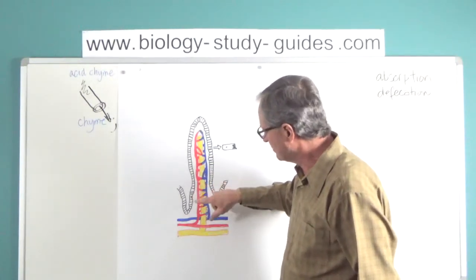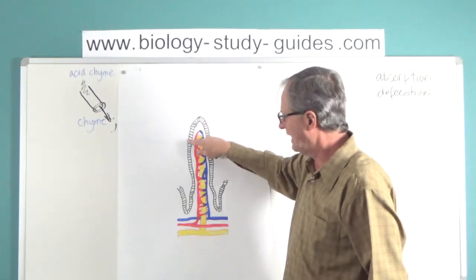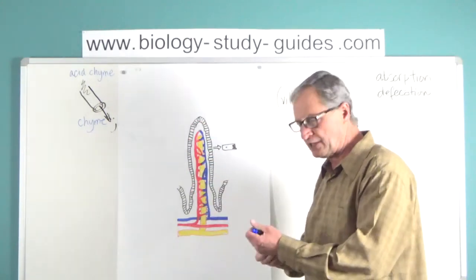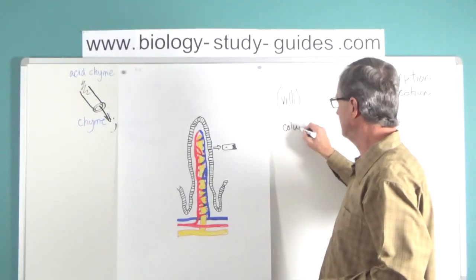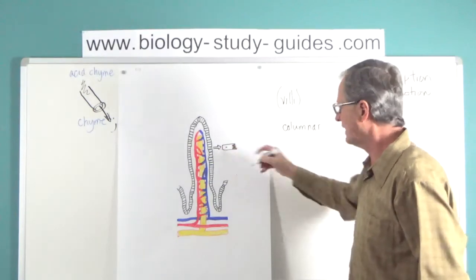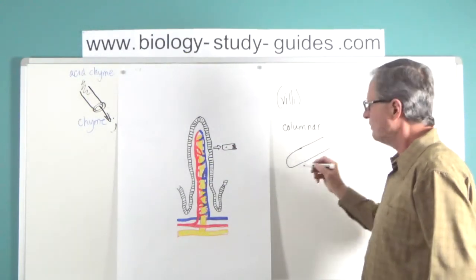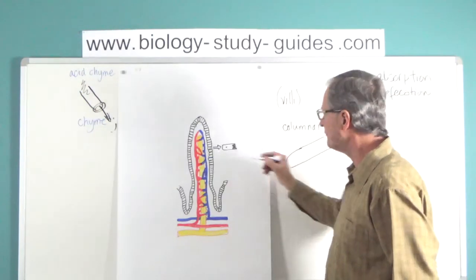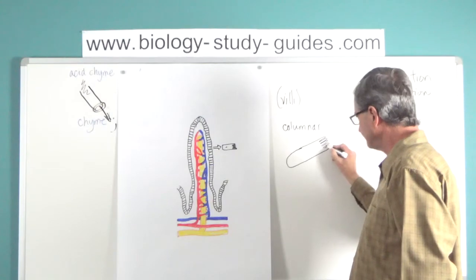The villus structure is very, very unique. Epithelial cells around the outside. These epithelial cells are actually columnar epithelial cells. They're elongate cells, as I tried to indicate with this picture there. They're elongate cells, but the exterior surface of them even has more surface area.